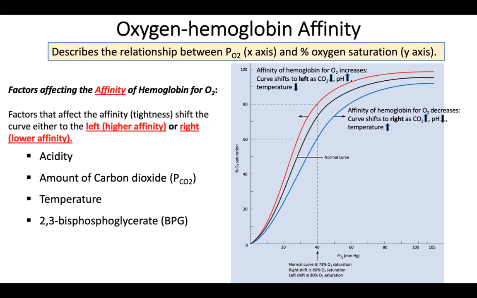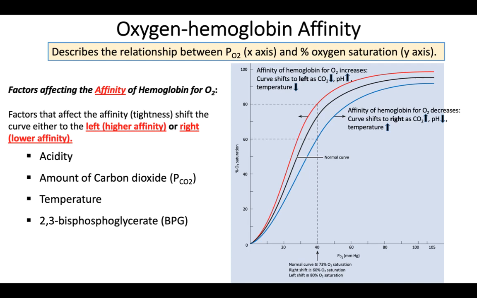But let's look at some of the words we're going to see here. So, oxygen hemoglobin affinity. So, affinity is the tightness. All right. So, hemoglobin obviously transports oxygen, but the affinity it has for oxygen needs to be able to change.